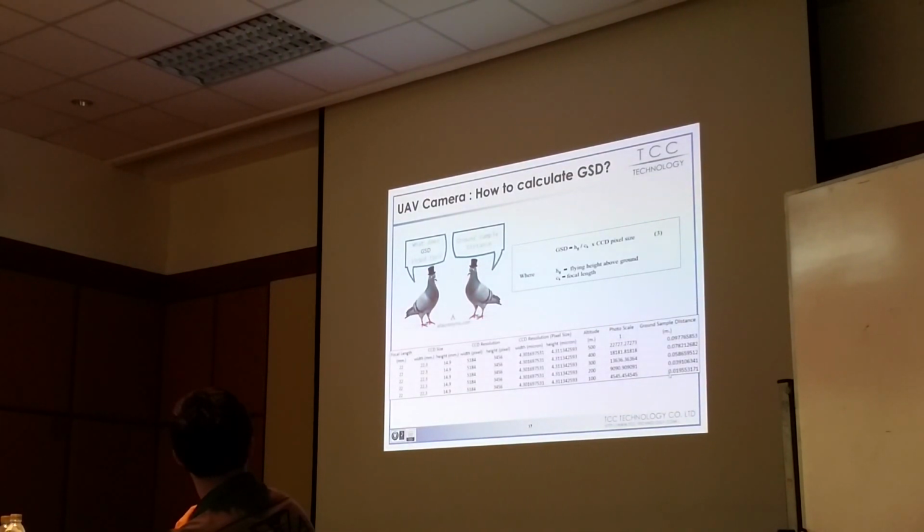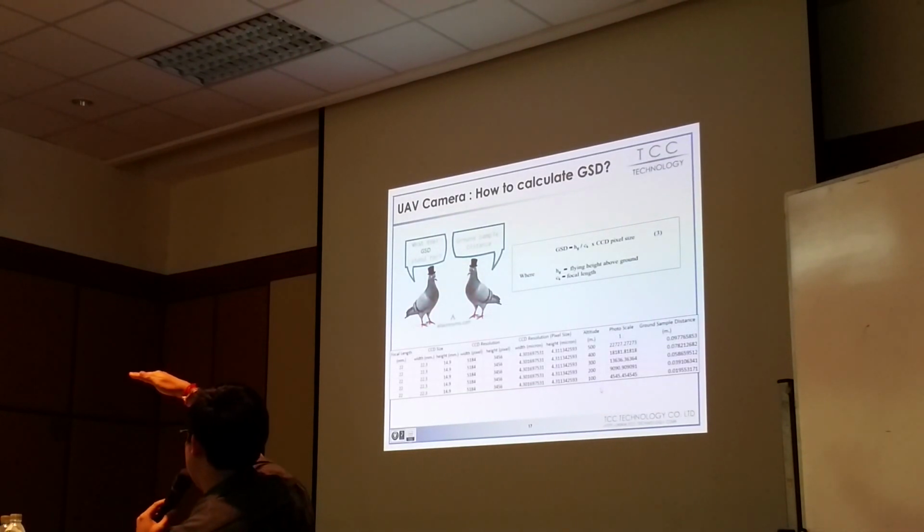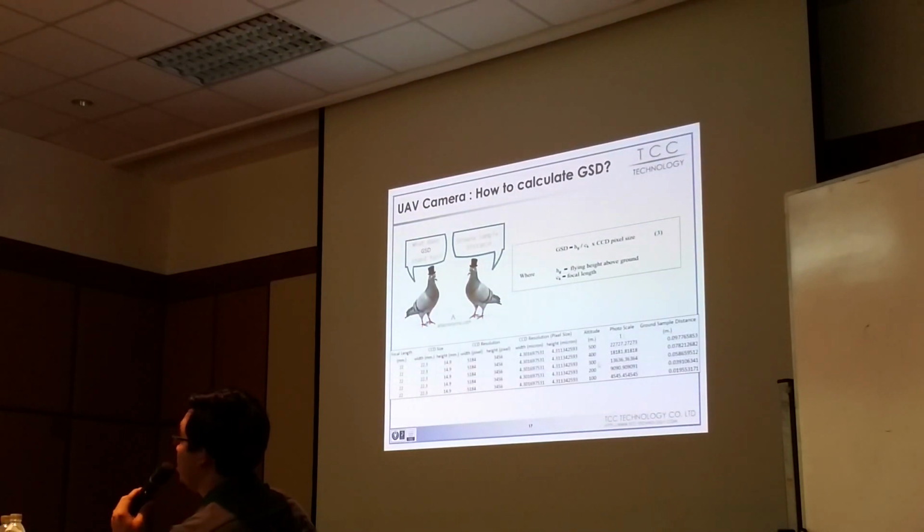Ground sampling distance. Okay. So with different altitudes that I mentioned in the morning, when you fly at 100 meters, you will get very high resolution, just about 2 centimeters. But when you fly higher to 500 meters, you get about 10 centimeters. But today we fly at 300 meters, so the ground sampling distance is about 6 centimeters.